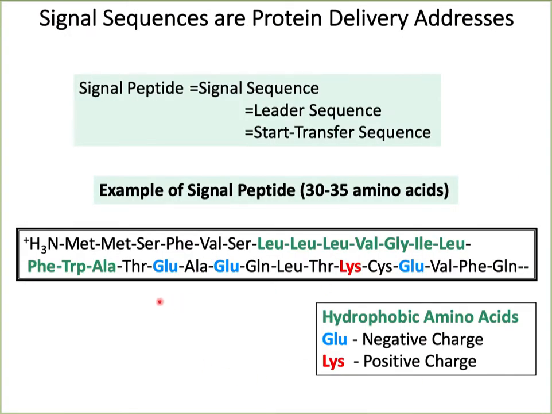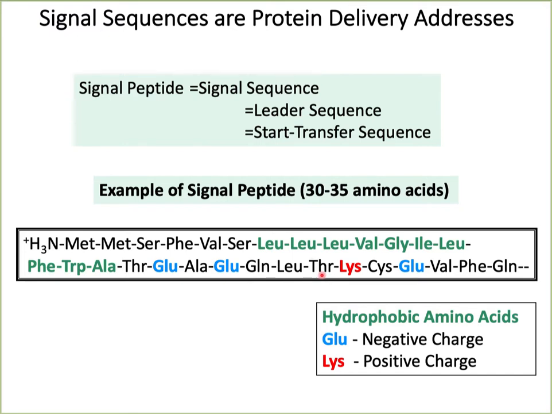So let's take a look at a little bit more of the signal hypothesis. The signal peptide, which is a short amino acid sequence, is sometimes called the signal sequence, or the leader sequence, or the start transfer sequence. These signal peptides are about 30 to 35 amino acids in length. The sequence itself is not well conserved, but there are some features that are conserved.